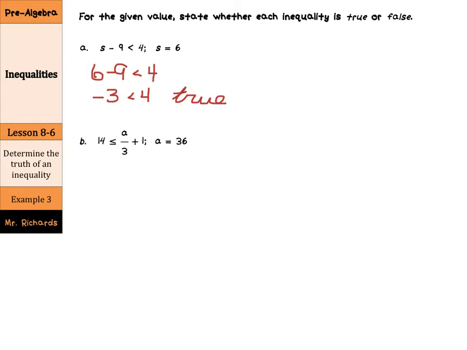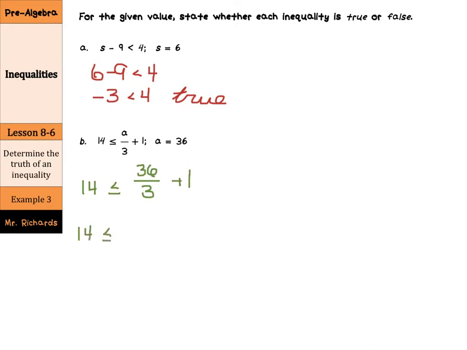What about 14 is less than or equal to a divided by 3 plus 1, when a is 36? Here we're going to put 36 in for a. So 14 is less than or equal to 36 divided by 3 plus 1.